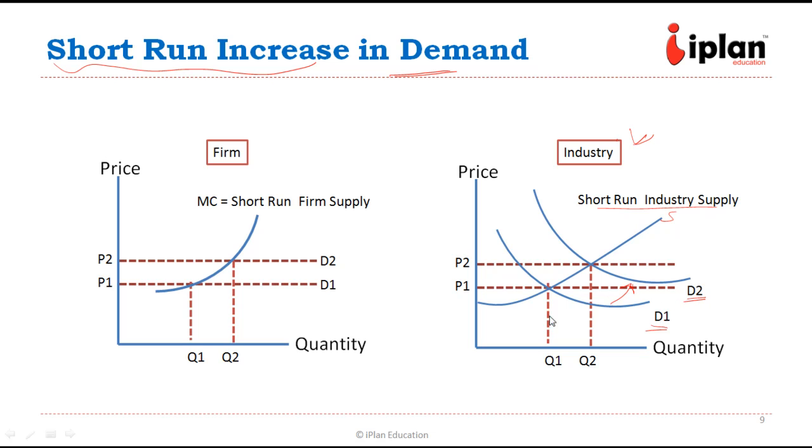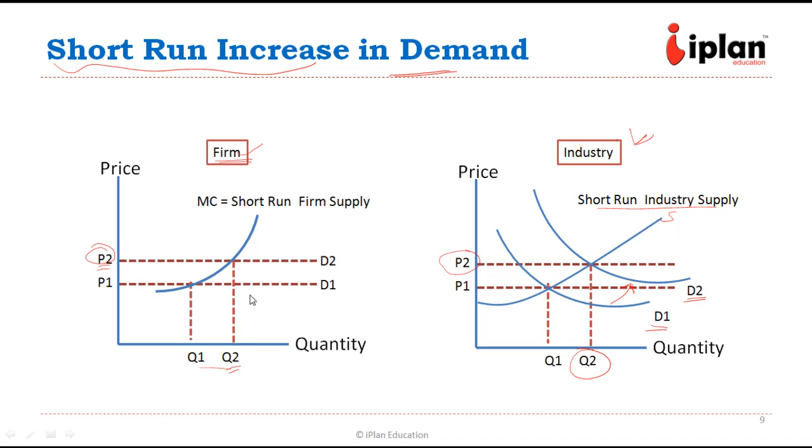So due to that it cuts the supply curve at this point for the new quantity and the new price. So now because of the increased quantity here, the individual firm can increase the quantity to Q2. Individual firm can demand price P2. So their profit will increase in the short run.